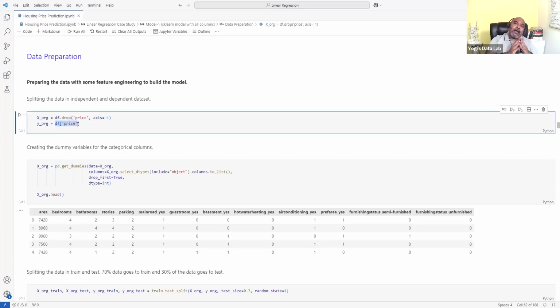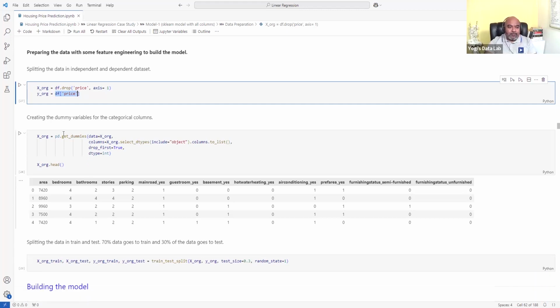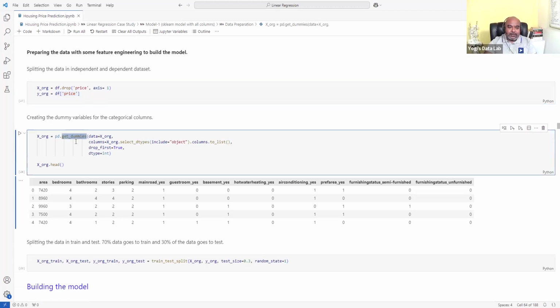Now, if you noticed, we had categorical columns in the data set. We had string values, right? Now I am going to build a mathematical model, so I cannot go ahead with the string values. So I have to convert them into numbers, and hence I am creating dummy variables by using one hot encoding. Now, how do you do that? I have used pd.get_dummies. I have given my independent data set.